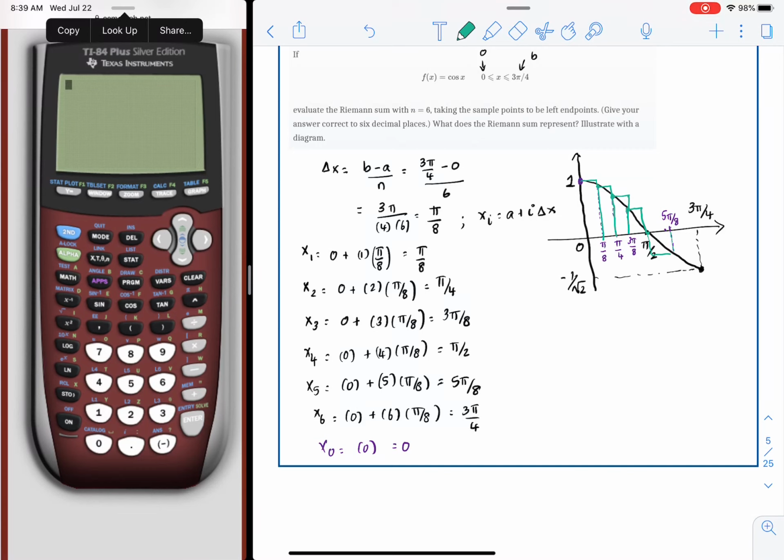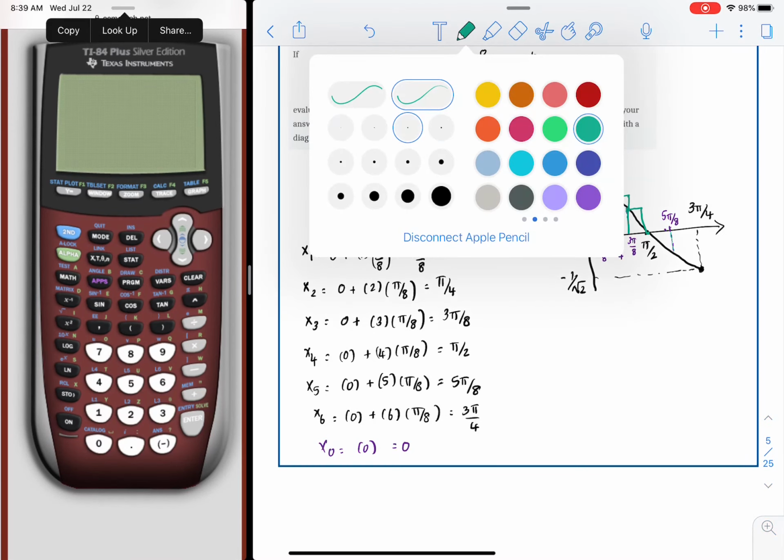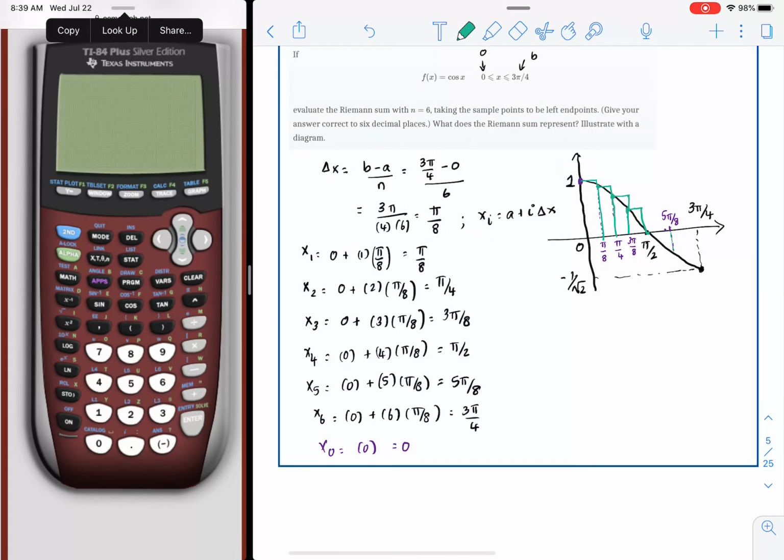Okay, so one may argue, well, this left endpoint simply goes over there, so I can't compute any. So that's fine, and we can start from there and go that way. So those are my rectangles.